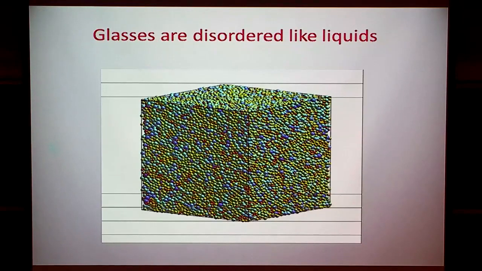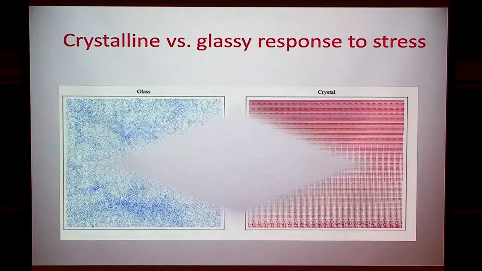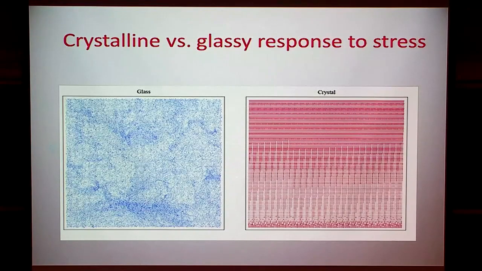Whereas in glasses that are completely disordered, there are no apparent defects or dislocations. The whole thing is a big defect. So there is an issue: how do you want to discuss plastic events, plasticity? And I'm going to do this in an analytic fashion.